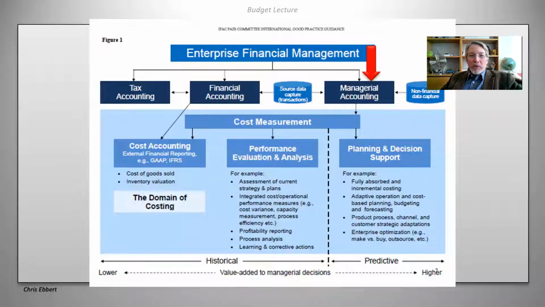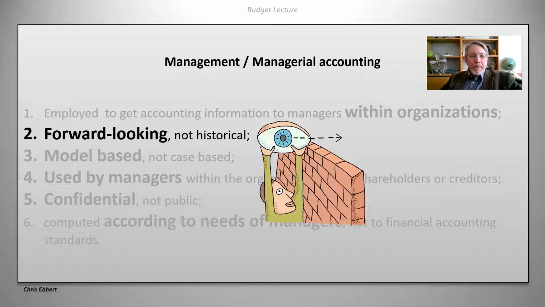This is an overview of the entire process that goes on typically in companies, regardless of size. All these things should be happening. And the bit that we're looking at here today, the managerial accounting, is actually mostly forward-looking accounting, which means we're not really taking into account things that were paid for, but it's more about projection.